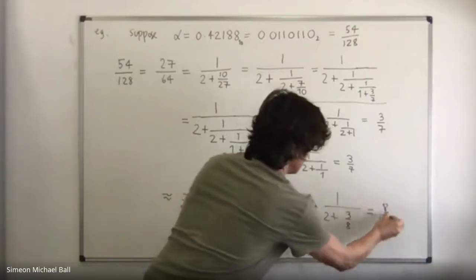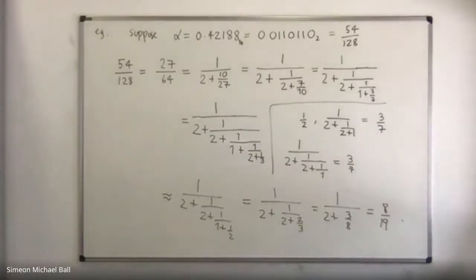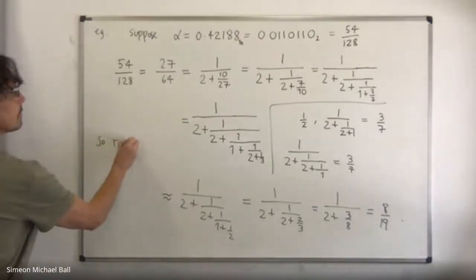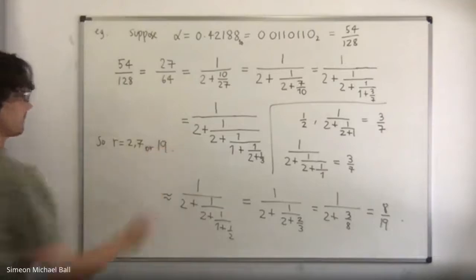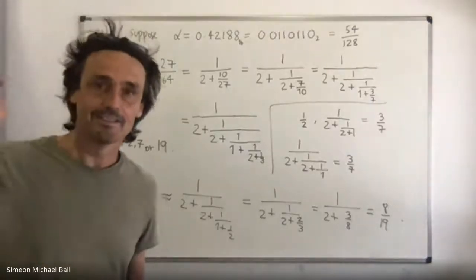So this is 8 19ths. So R is either 2, 7, or 19. Then you just take the denominator and forget about the numerator.